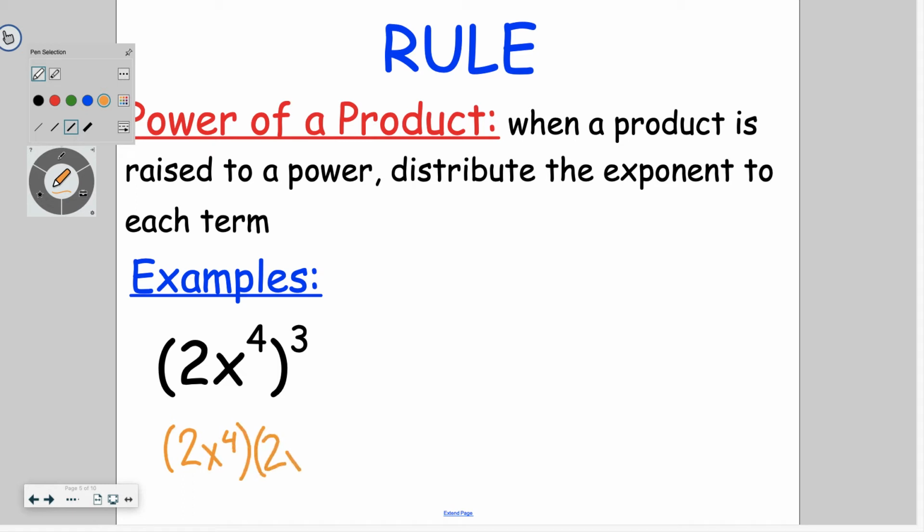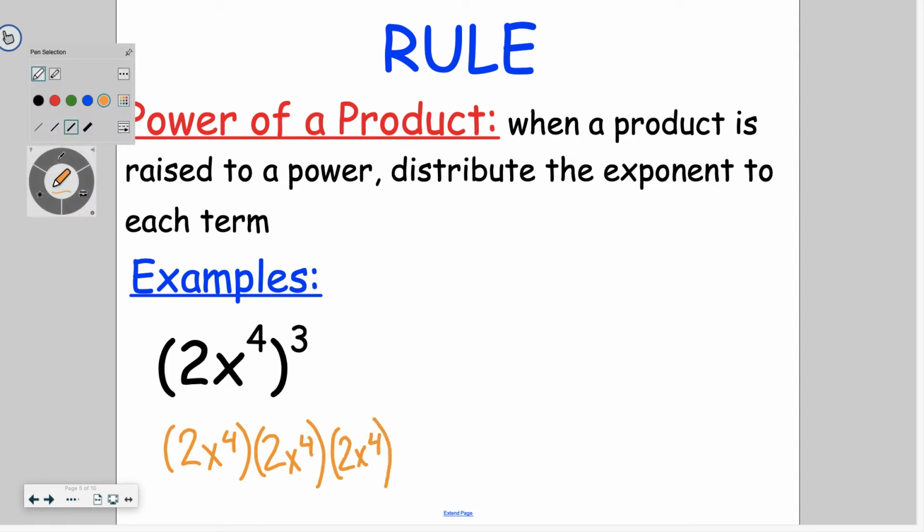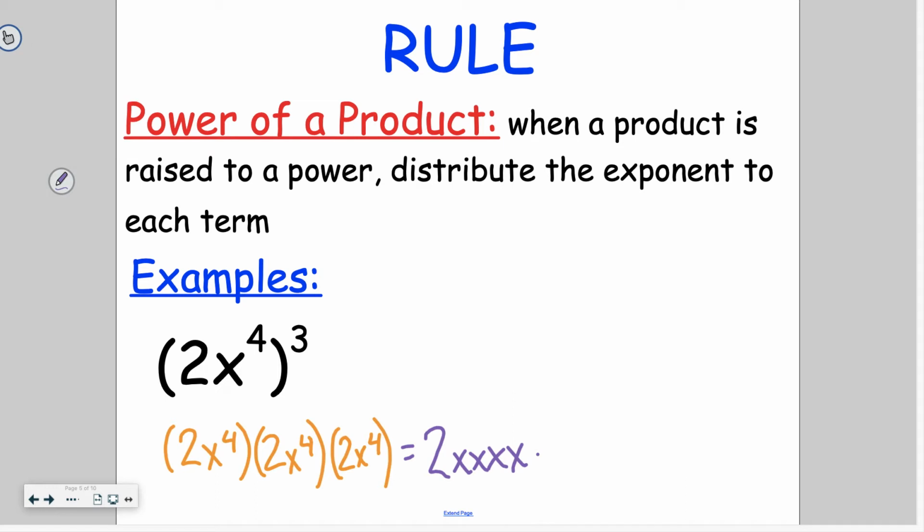So the long way, if I wrote this out, it would look like 2x to the 4th times 2x to the 4th times 2x to the 4th, which if I wrote that out the even longer way would give me 2x from the first part times 2x from the second part times 2x from the third part.